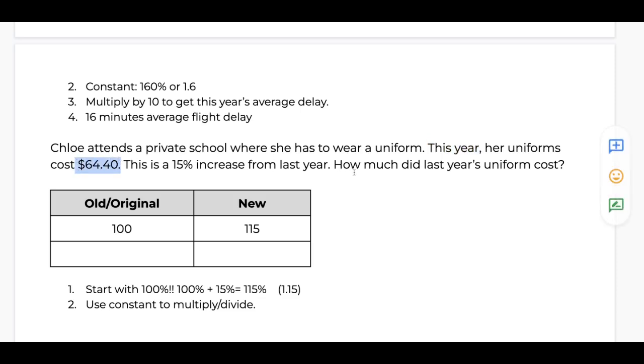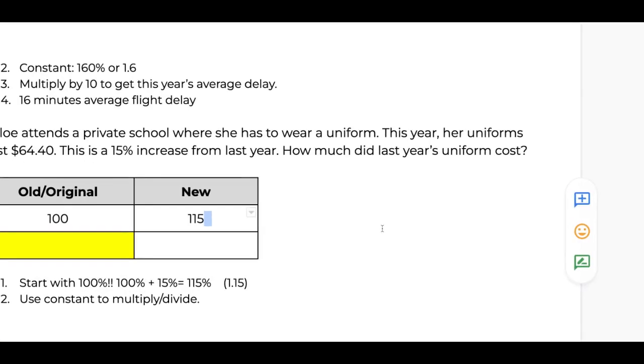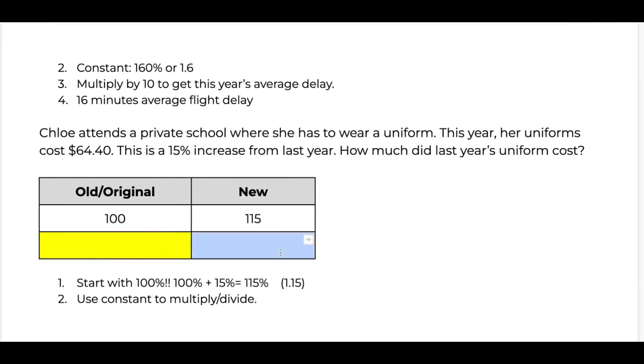But that's an increase from last year. So 64.40 is our big number because that increased from last year. So last year is our old, and that's what it's asking us, is how much did last year's cost? So we're actually looking for the original here. The 64.40 is going to go here.